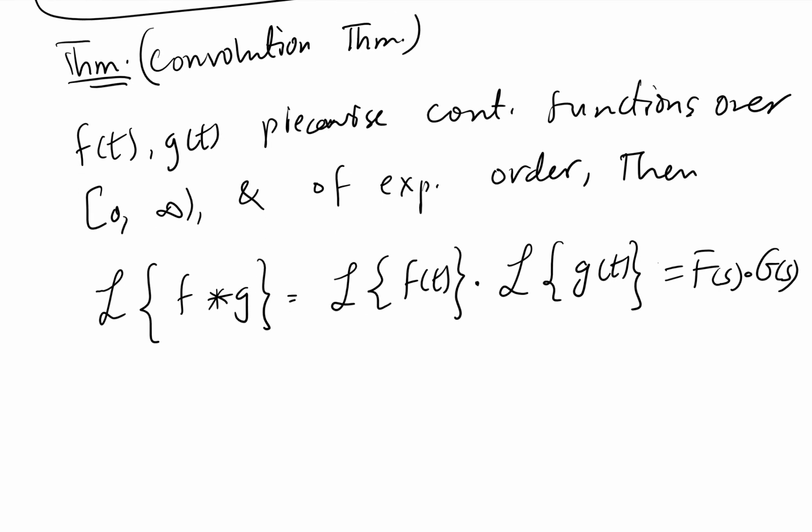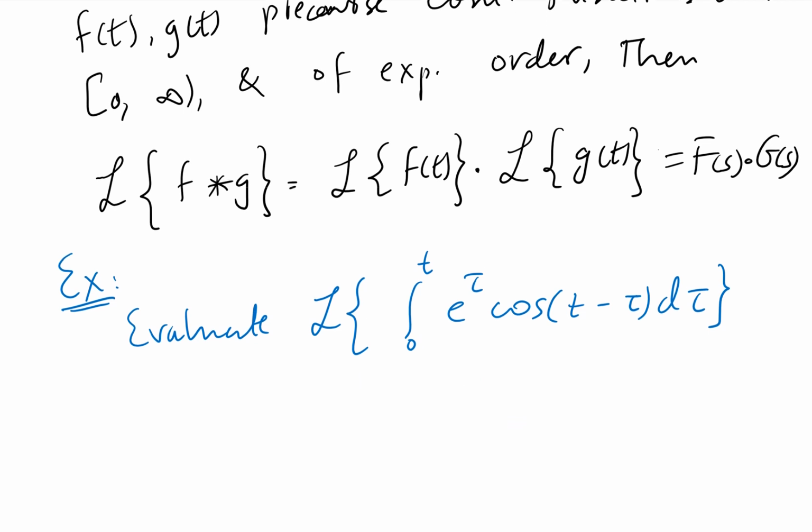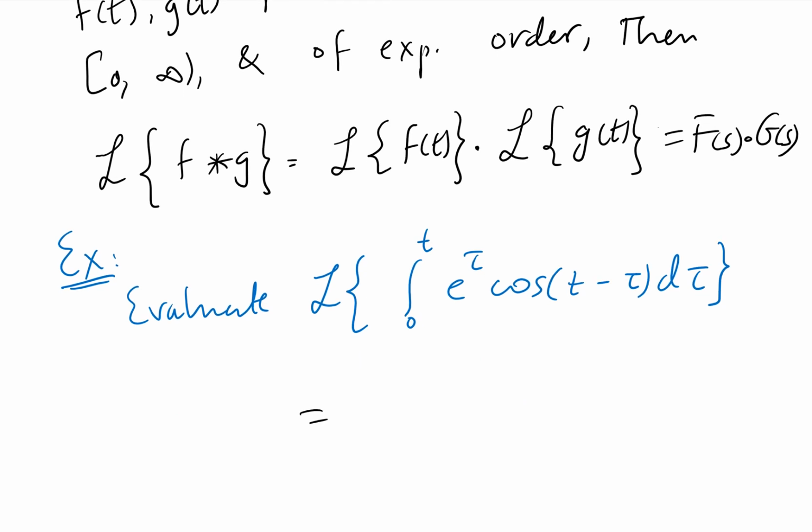Or you can write it as capital F of s times capital G of s. As an example, evaluate the Laplace of the integral from 0 to t of e^tau cosine(t minus tau) d tau. So here we have 2 functions, e^tau and cosine(t minus tau).